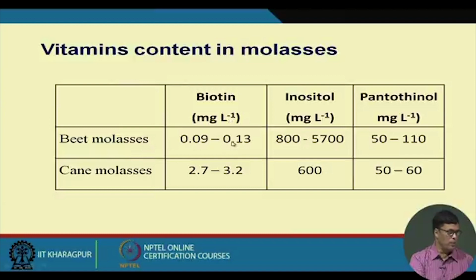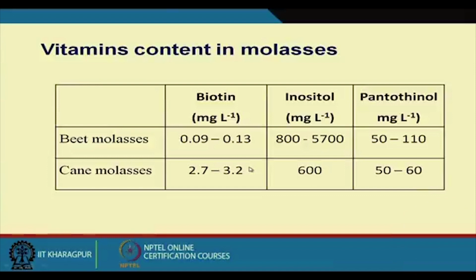In beet molasses, the biotin content is comparatively less, but the other two vitamins are quite significant. So it is recommended that if we mix beet molasses and cane molasses in the ratio of 1:1, then it is ideal for the alcohol fermentation process.